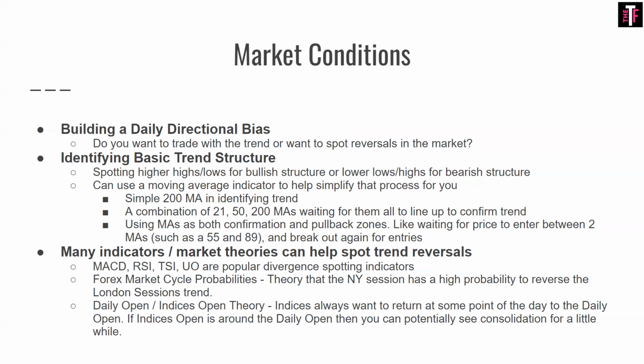Getting back into the second topic, which is market conditions, time horizon and market conditions kind of overlap in the sense of this last idea: make sure you understand what you're trying to trade and get into. If you trade Tokyo session Forex pairs, you want to focus more on the Australian dollar, Japanese yen, New Zealand dollar.